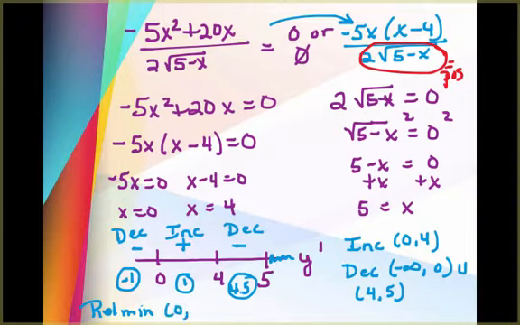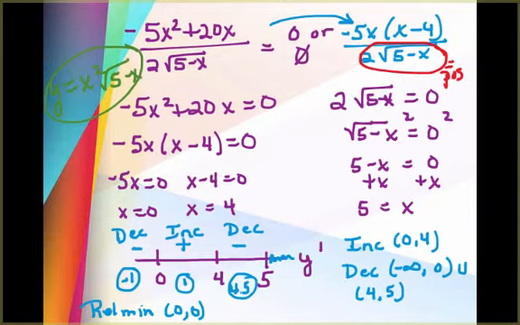So if I go back and substitute into my original equation, now remember the original equation was y equals x squared times the square root of 5 minus x. That was my original f of x function. So now if I put 0 into that, I'm going to get 0. So my relative min is (0, 0).